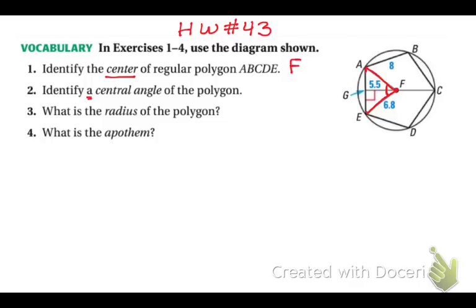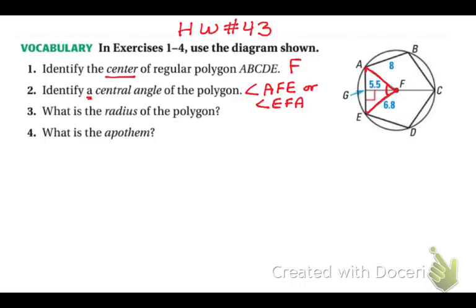And so you would write angle AFE, or you could write angle EFA, whichever. As long as that F is in the middle, you're okay. See, FEA, no bueno. Would not be good. That F has to be in the middle. Okay, so you got the central angle.